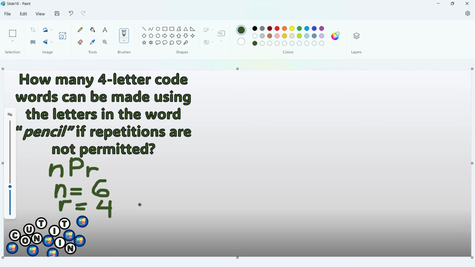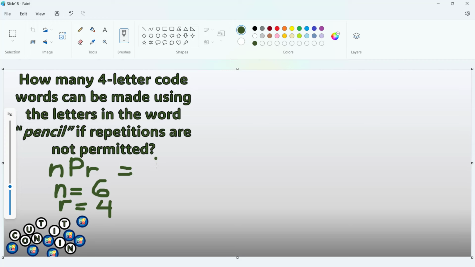Say for example, if we use the letters P, E, N, and C, and we have another code word which is C, P, N, and E, same 4 letters, they are counted differently. Just like our 4-letter code words, of course, if you have 4 letters from the word pencil, we have different codes for that. Now that we have that, we are going to use the formula for our permutation.